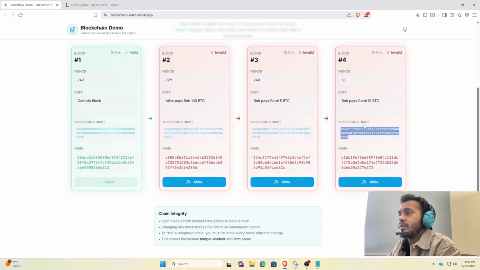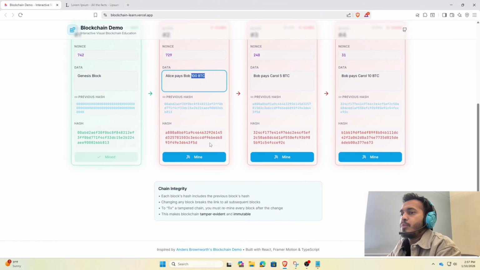The previous hash used in block 4 was different from this one, so this also becomes invalid. Likewise, every block after block 2 becomes invalid, but block 1 is still green because nothing changed. After block 2, everything is invalid because there is a problem in block 2. This is how it protects, making blockchains tamper-evident and immutable.